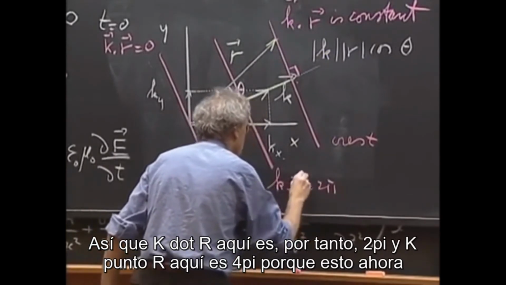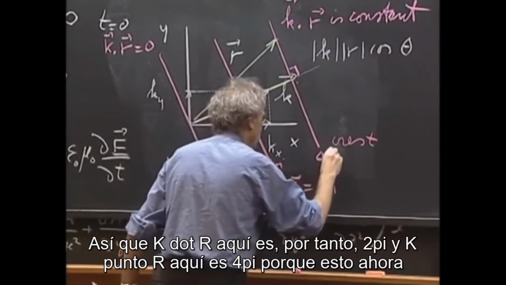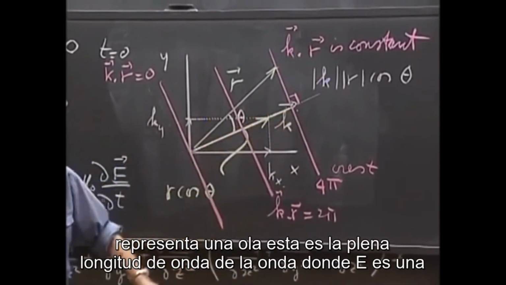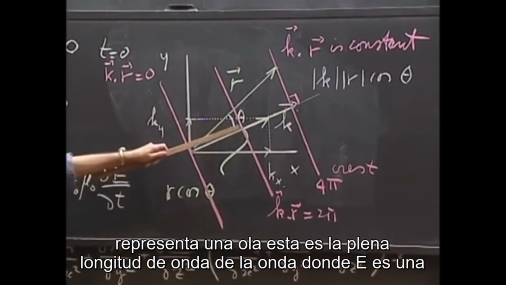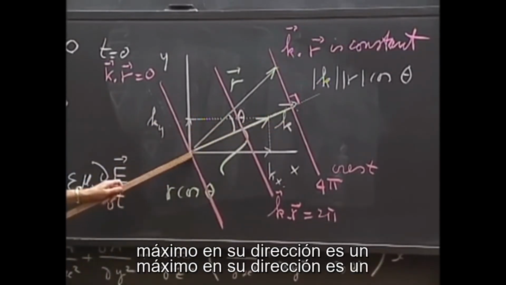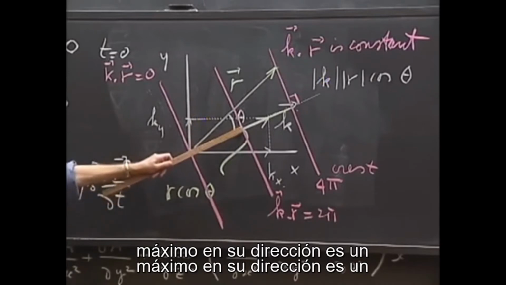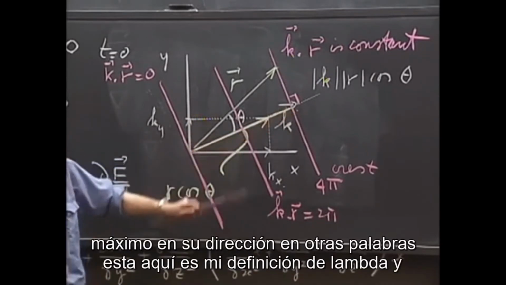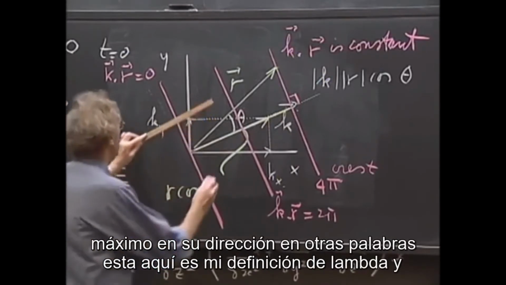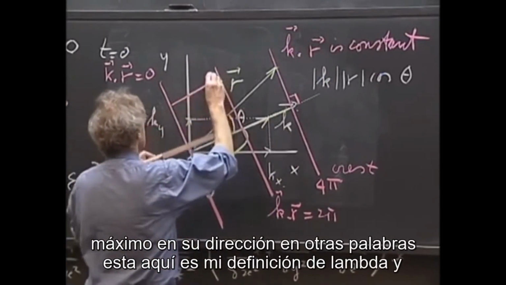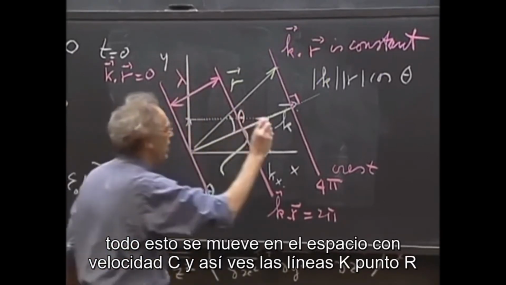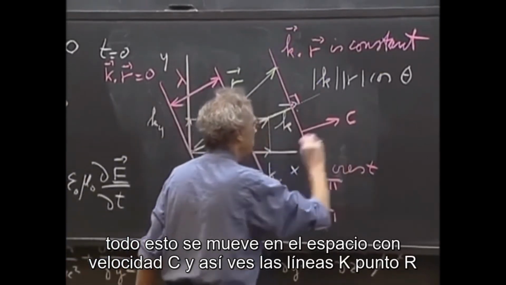So k dot r here is therefore 2 pi, and k dot r here is 4 pi. Because this now represents a wave. This is the full wavelength of the wave where E is a maximum in your direction, E is a maximum in your direction. In other words, this here is by definition lambda.